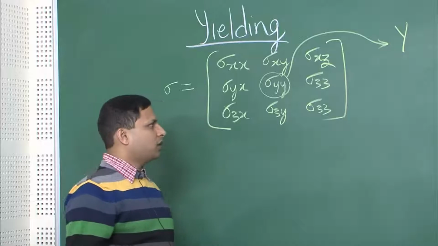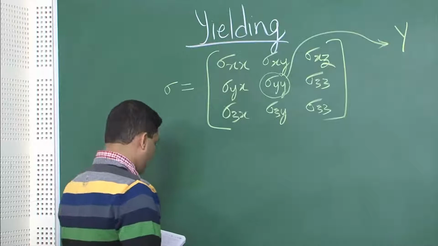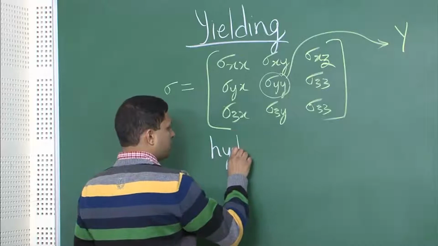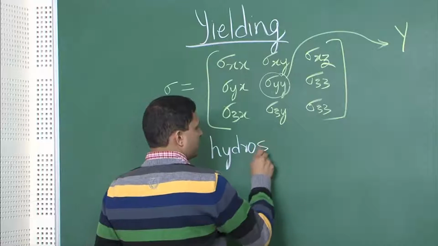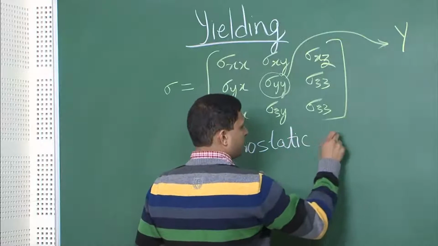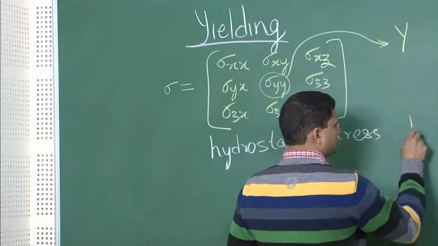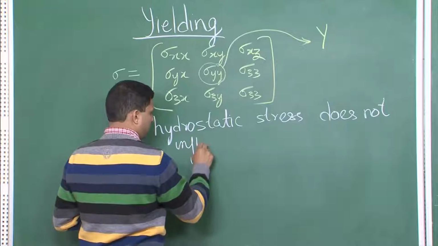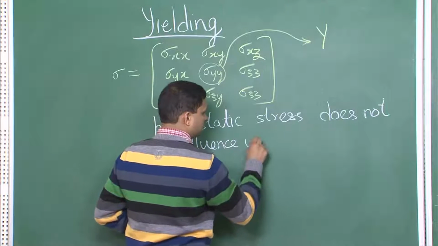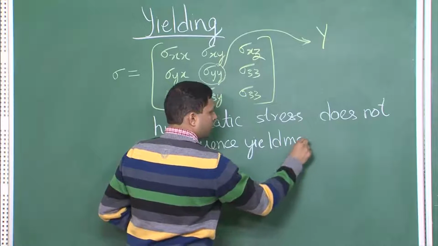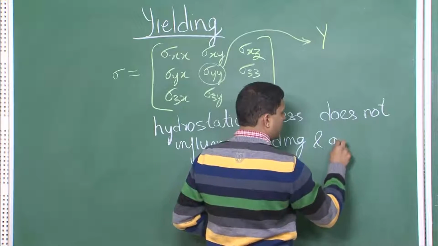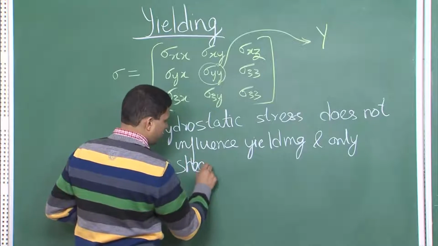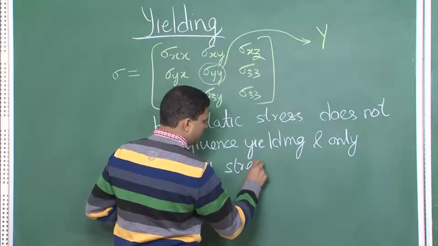Experimental results have shown us that it is the hydrostatic stress that does not influence yielding, and only shear stress, not the component, but the overall shear stress, is what influences yielding.